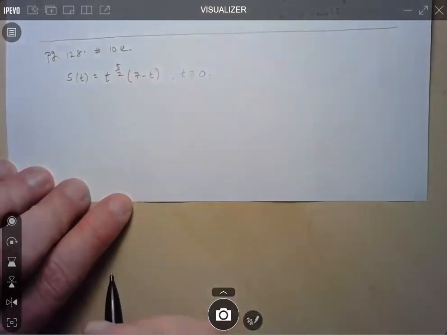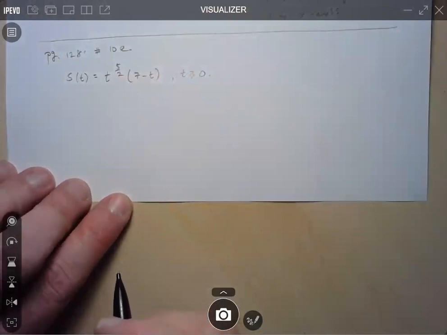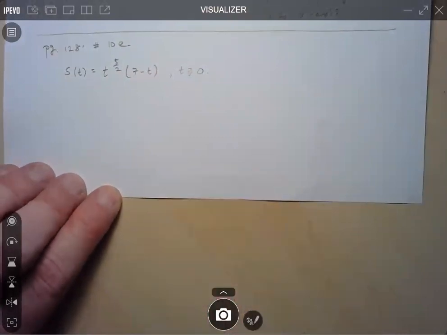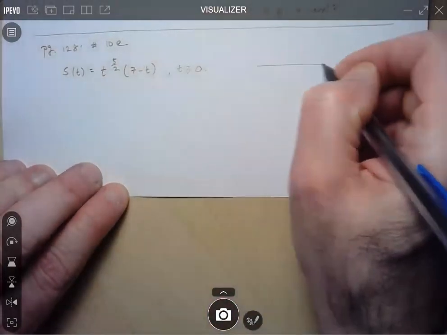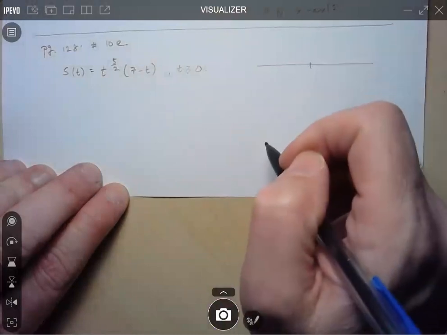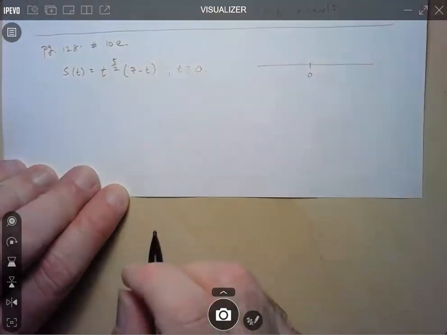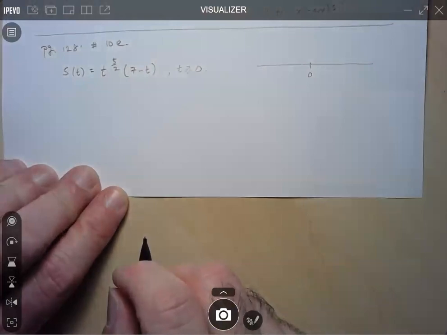And then in E, it says, when does the object return to its original position? There's a whole bunch of other questions, so I'm not going to bother looking at those. But here, you have to think that this is an object moving along a straight line.